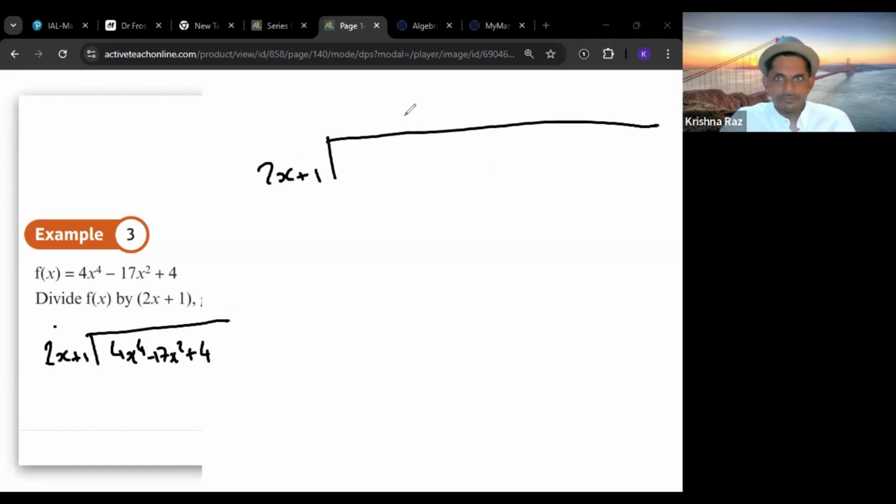So everything is there. We have a 4x to the 4, we have 0x cubed, we have minus 17x squared, we have 0x, and we have a plus 4. If we do not do that, the question won't work.